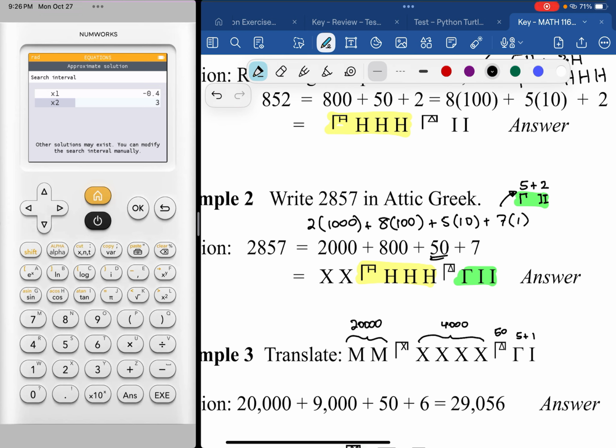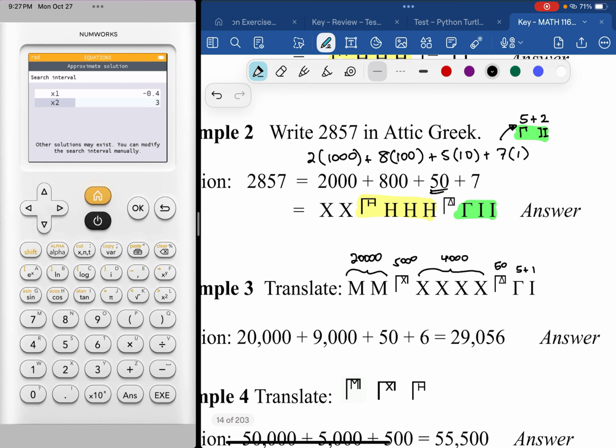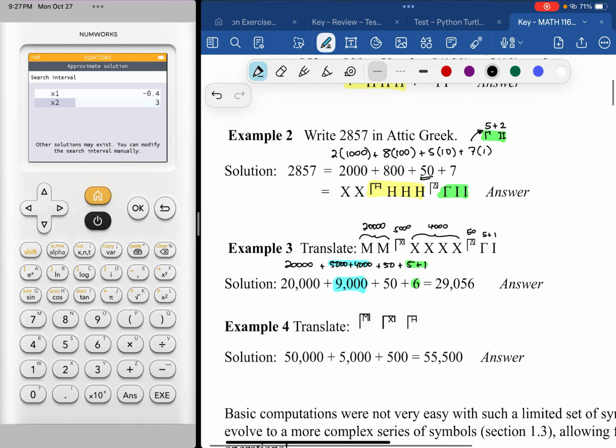Then we have the penta with a chi. All right, so again, a chi is 1,000. So if I'm looking at 5 of those thousands, then this symbol here is worth 5,000. So put it all together, 20,000 plus 5,000 plus 4,000 plus 50 plus 5 plus 1. The 5 and 1 get me a 6. The 5,000 and the 4,000 get me a 9,000, and everything else is just as is.